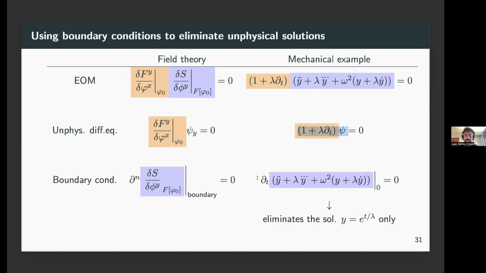You can impose that the derivative, in this case at t equals 0, of the original equation of motion is equal to 0. So this is a boundary condition, and that eliminates only the unphysical solution that we had and leaves the other three physical solutions in there. So this is a fix for the problem that we had, but it's extra information that you have to provide. So it's not ideal at all.